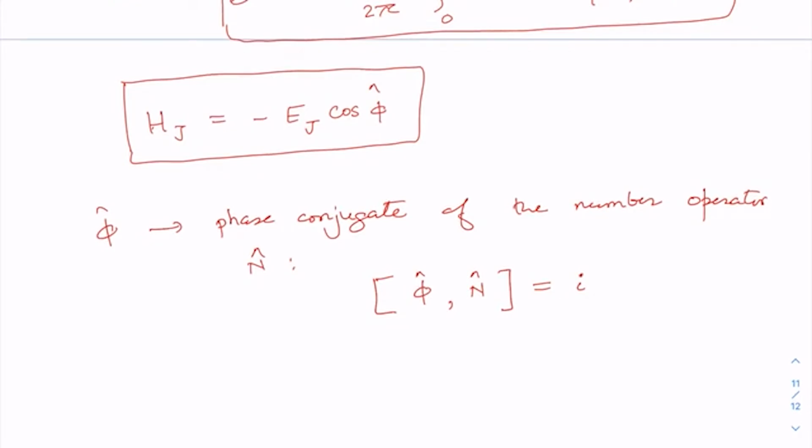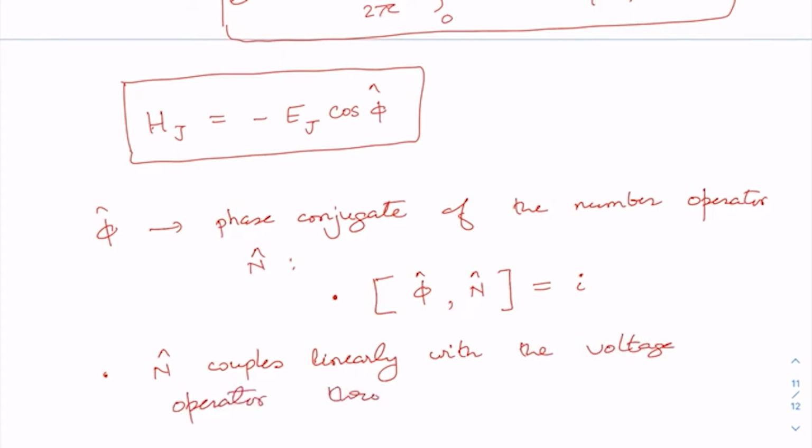Now this commutation relation can be used, along with another fact that suppose this n couples linearly with the voltage operator through the Cooper pair charge 2e.